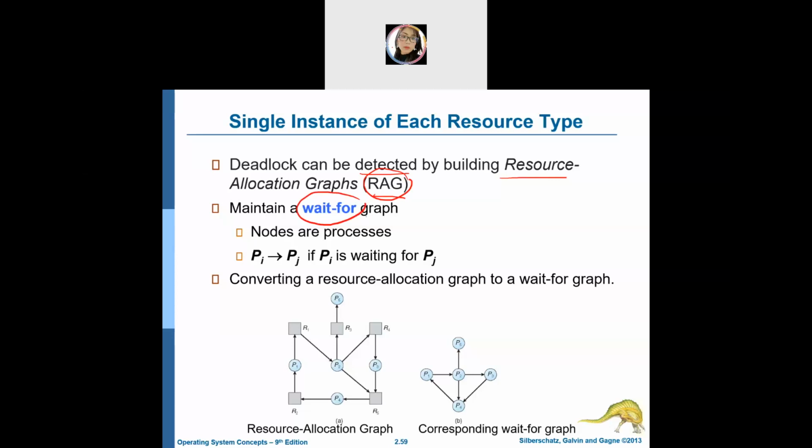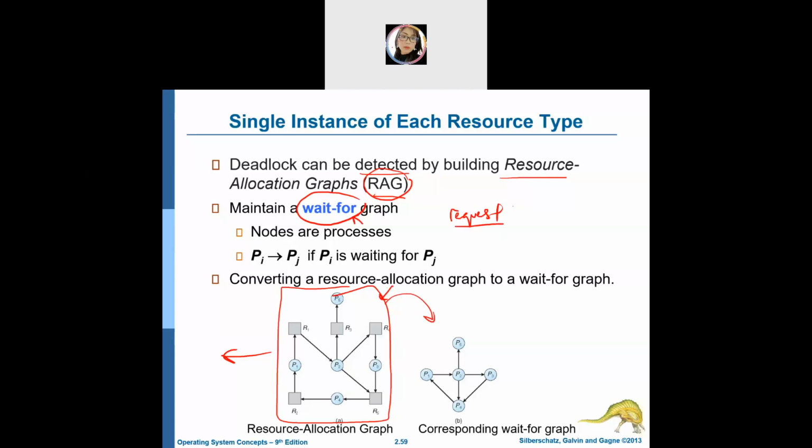Wait-for graph. So from here, the RAG you learned last time in your earlier state for your module 7, by using this RAG graph, you're going to convert it to the wait-for graph. So remember, wait means request.